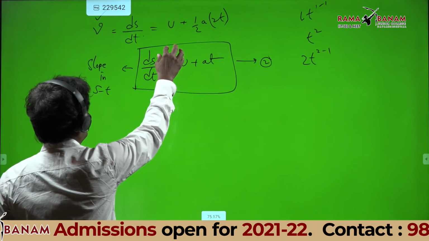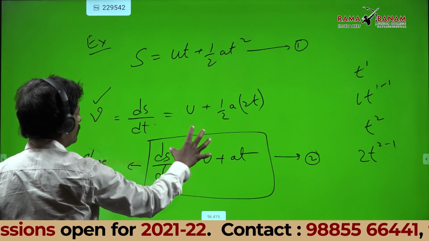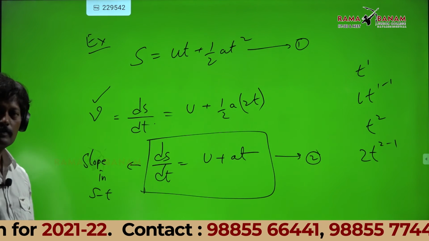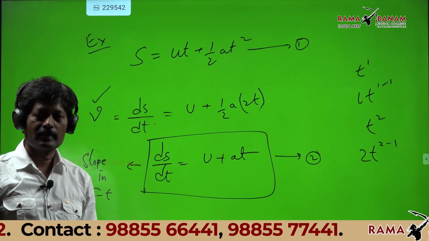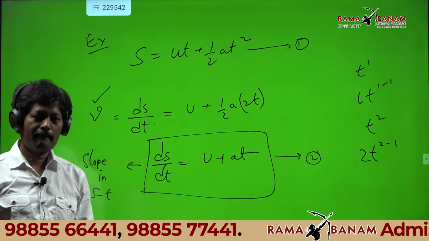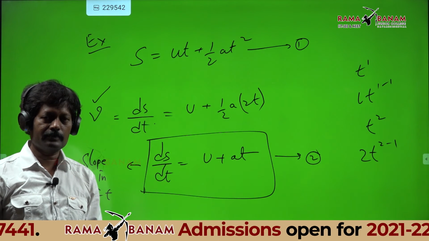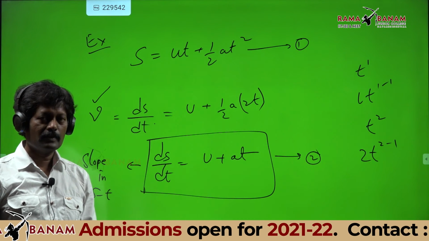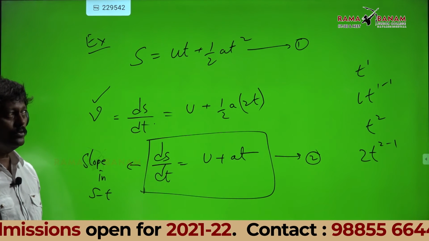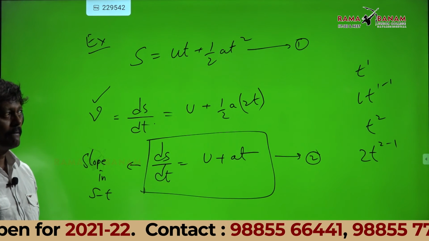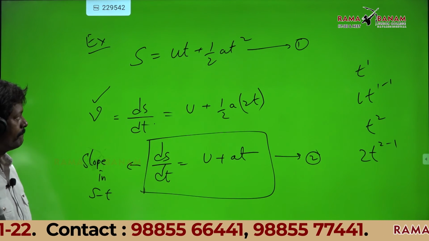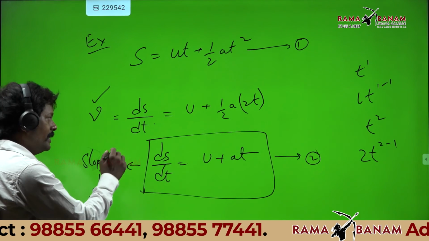Can we also write ds by dt equal to v, from the equation of motion v equals u plus at? Yes, we can write that.